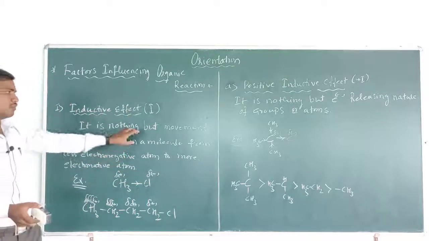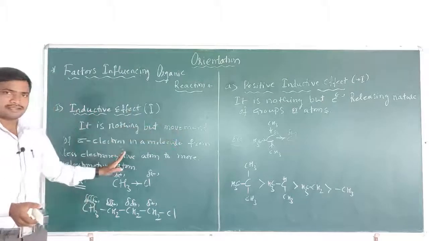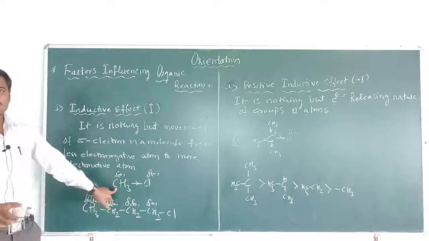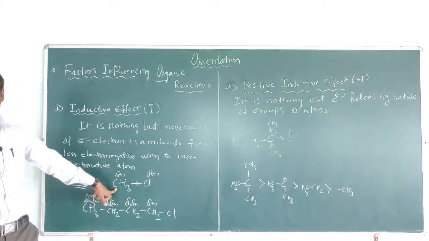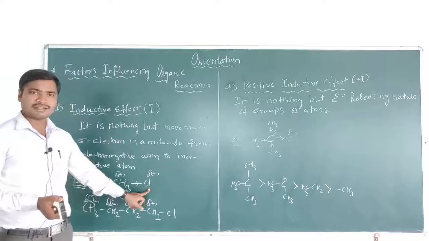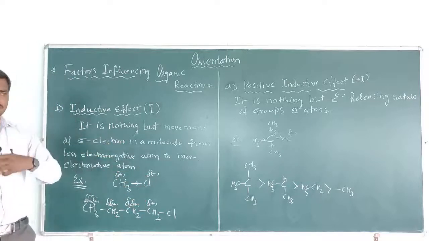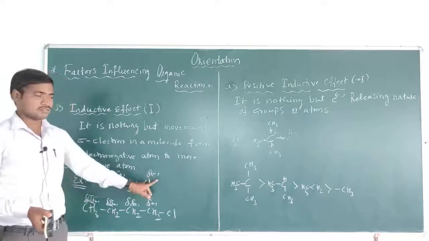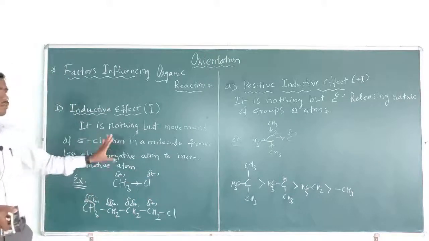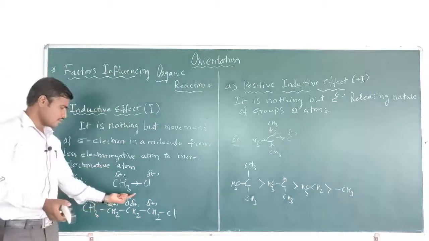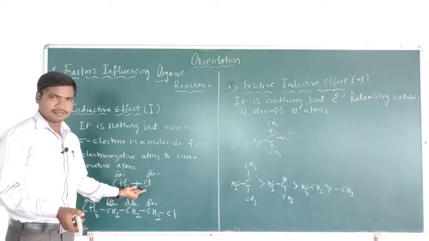This is also called the movement of sigma electrons in a molecule between two atoms that have a difference in electronegativity. The atom with more electronegativity attracts the bonding electrons towards itself and gets the negative charge. This effect we call the inductive effect. I have taken the example of methyl chloride.